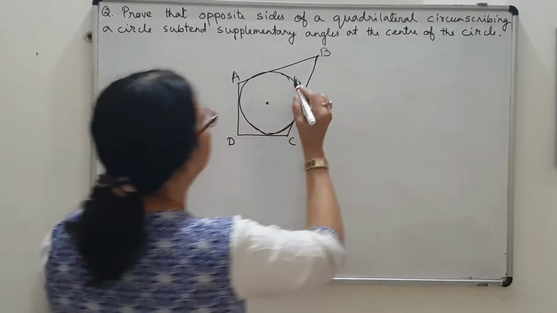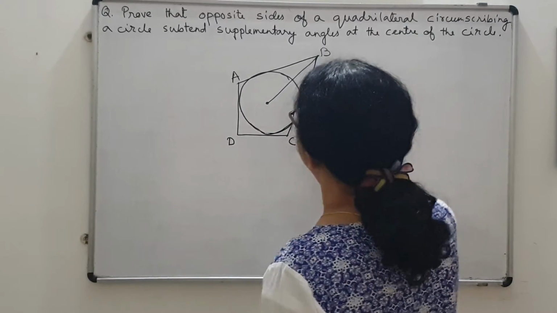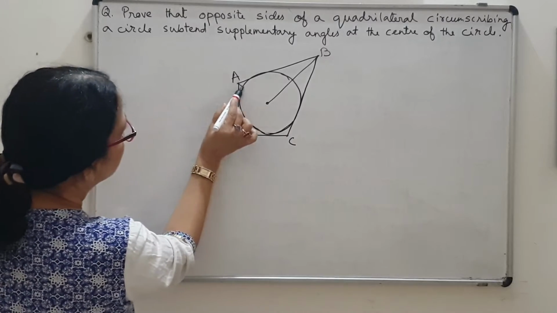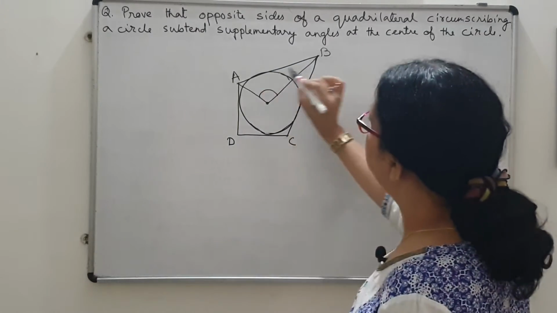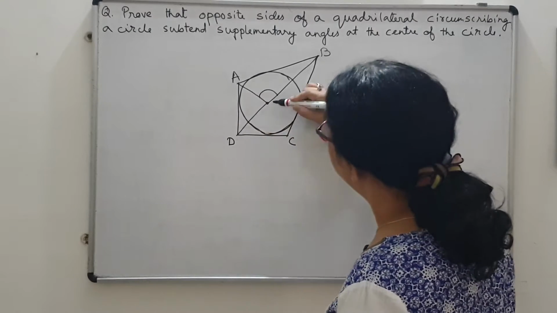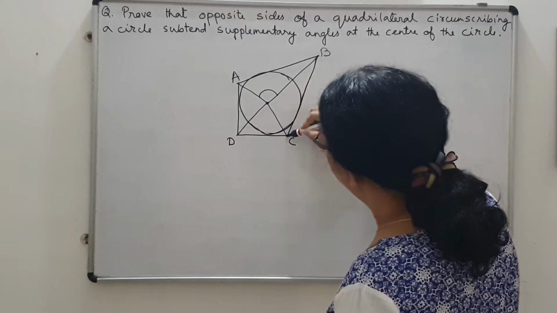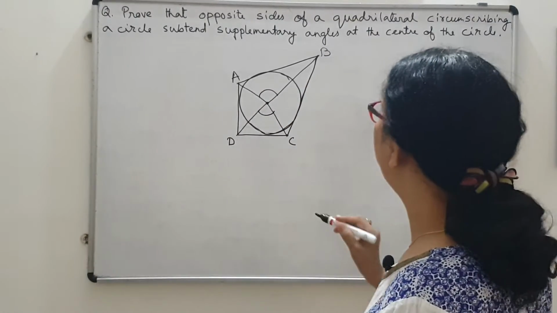You have to join the end points of the sides to the center. So this is the angle subtended by AB at the center, and similarly the opposite side subtends this angle at the center.